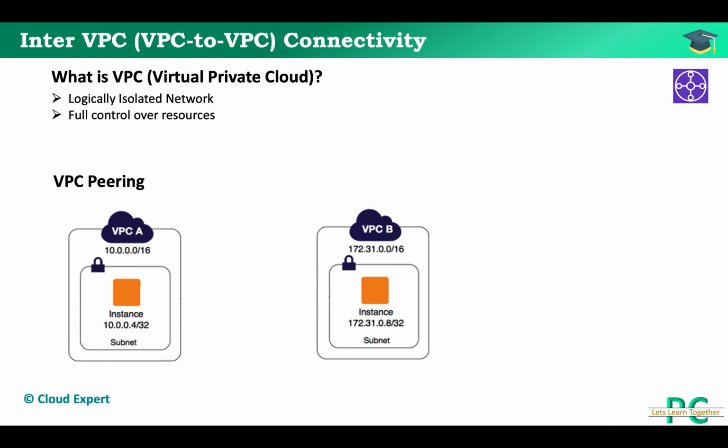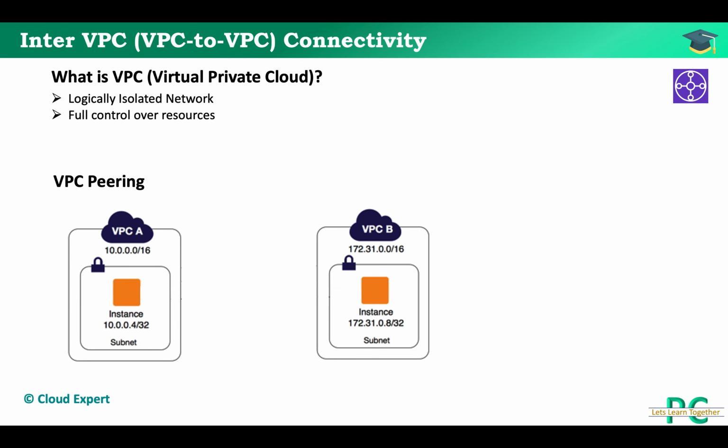With that peering connection, you can route traffic between them using either IPv4 or IPv6. Using VPC peering connection, you can connect VPCs in different regions also, as I told.